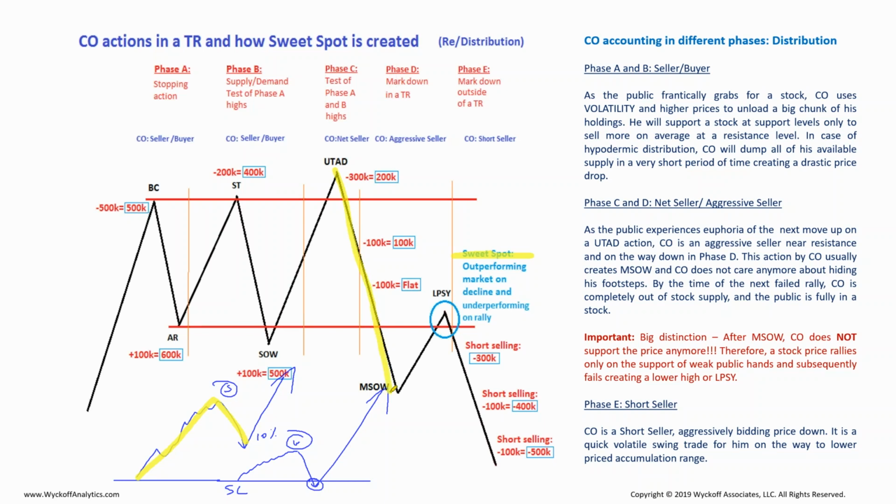Outperforming on the way down and underperforming on the way up. This sequence suggests that there is a lot of selling on the way down and not a lot of buying on the way up. So what's going to happen with this asset at some point when such underperformance is going to be seen by other market participants, they're going to start dumping the stock.